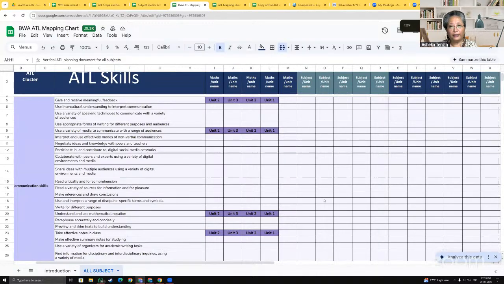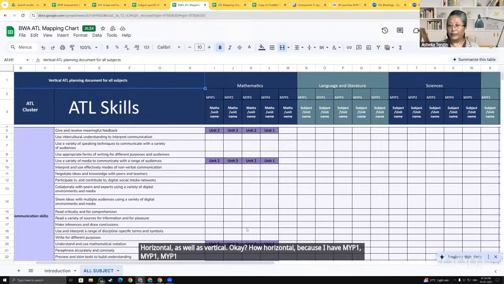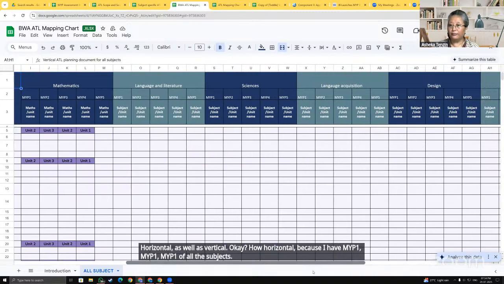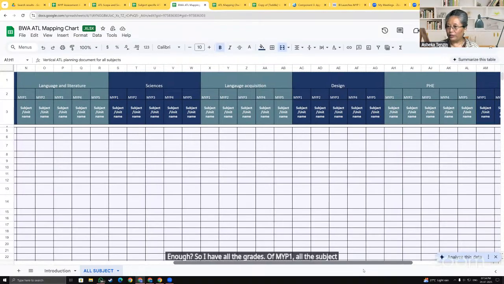So what she has done is, now this will be both horizontal as well as vertical. How horizontal? Because I have MYP1, MYP1, MYP1 of all the subjects. So I have all the grades of MYP1, all the subjects. So it's a horizontal document.